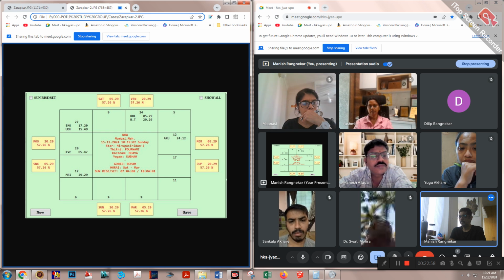Kavipu 5.45 would be in Dhanishta, that is Mars. And Kavipu is catching snake in 5.29. That would most probably be Shravan Nakshatra, moon.